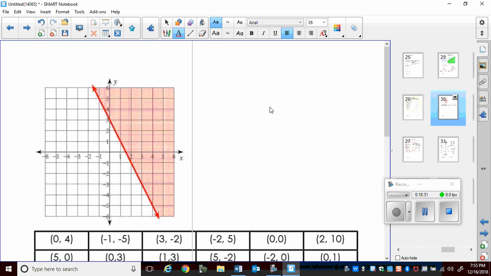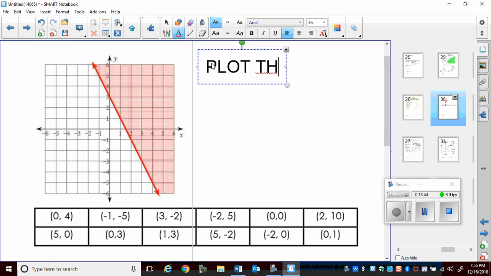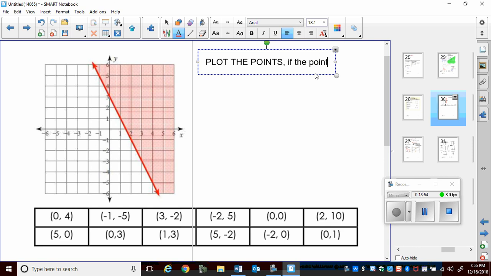What I suggest you do is plot the points. If the point is in the shaded area, or on the line since this line is equal to, it is a solution, and I can circle it.